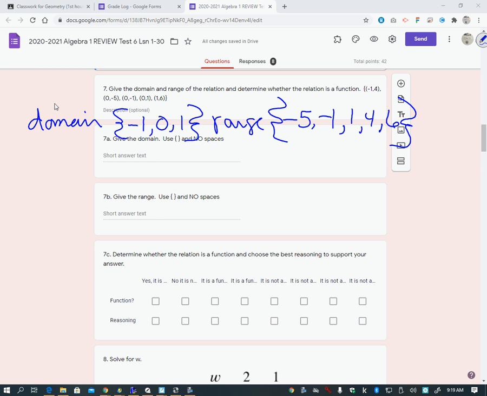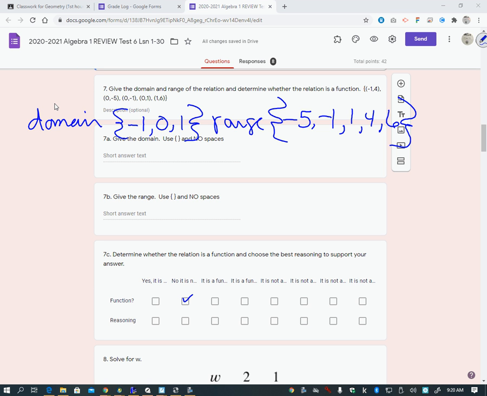Is this a function? No, it's not. Can you tell me why it's not a function? This is important. This is the sentence I want you to write down.